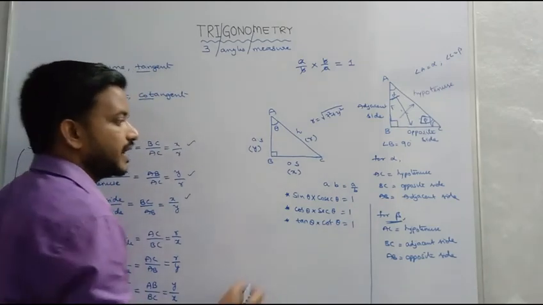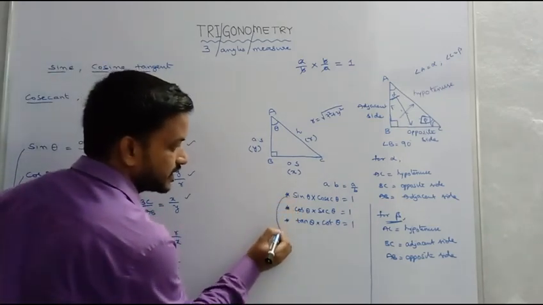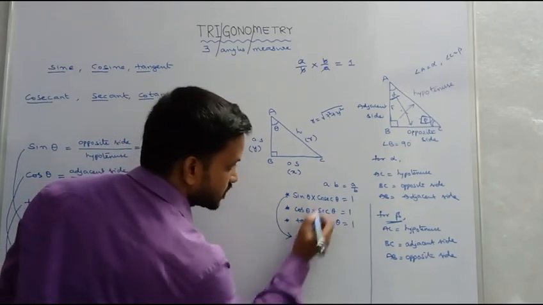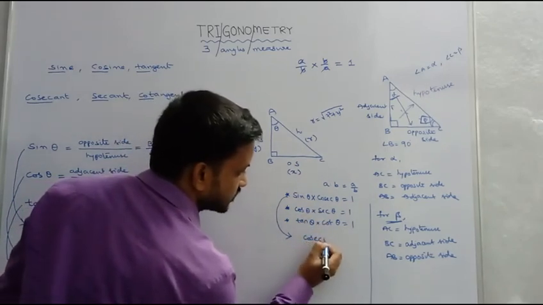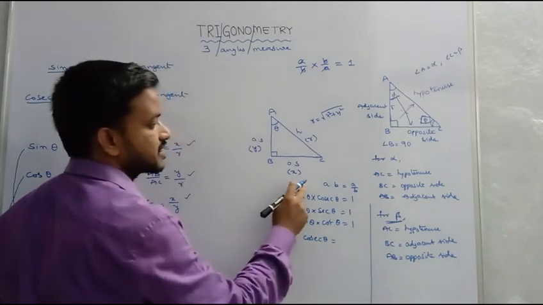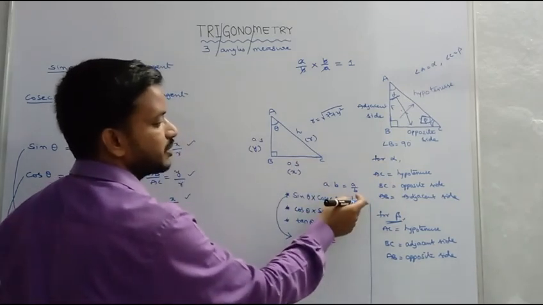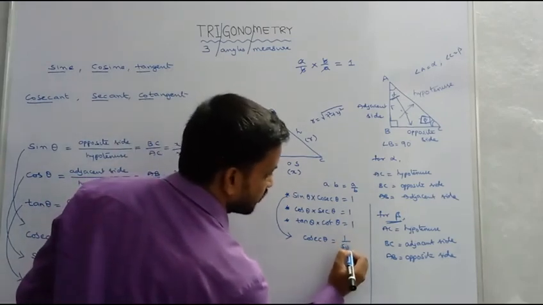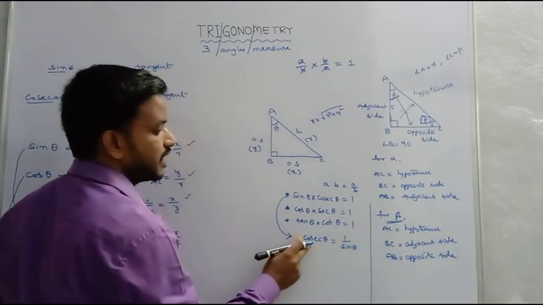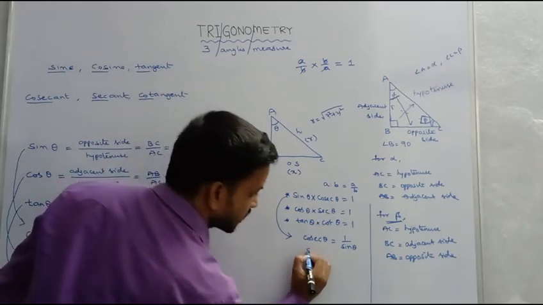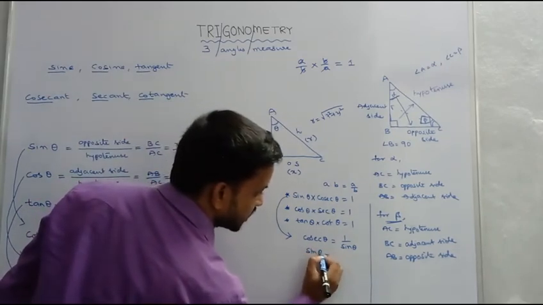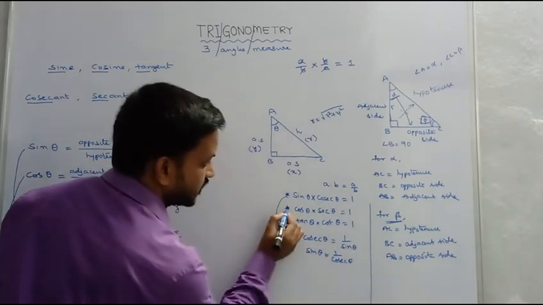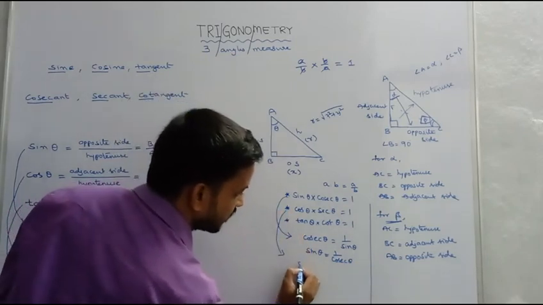Okay, and even we can further get the relations. Cosec theta is equals to, see this multiplication transforms to the other side of the equation, then becomes division. So cosec theta is equals to 1 by sin theta, and vice versa, sin is equals to 1 by cosec theta. And from this, what is the value of sec theta?